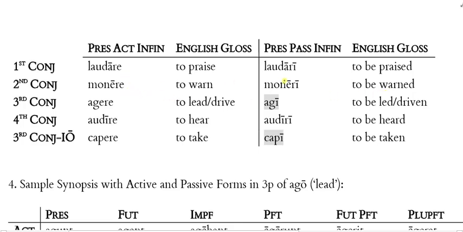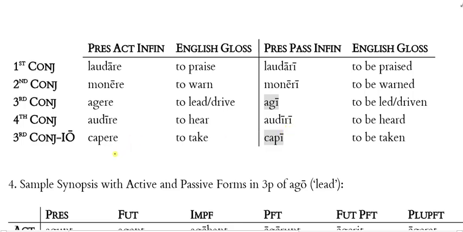Again, just changing the E out for an I, it's long. Agere, to lead or drive. And then I'm dropping ere, keeping the ag, agi. Agi, to be led, to be driven, passive. Audire, to hear, and audiri, to be heard, passive. So, re changes to ri here.